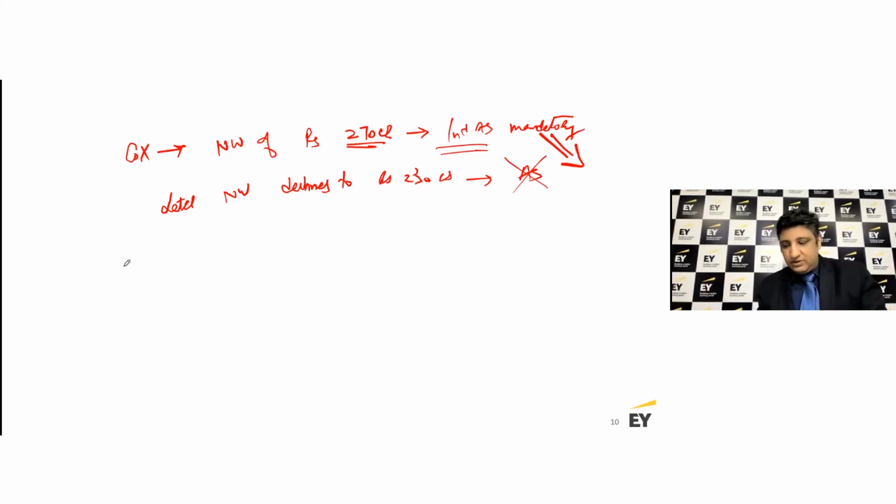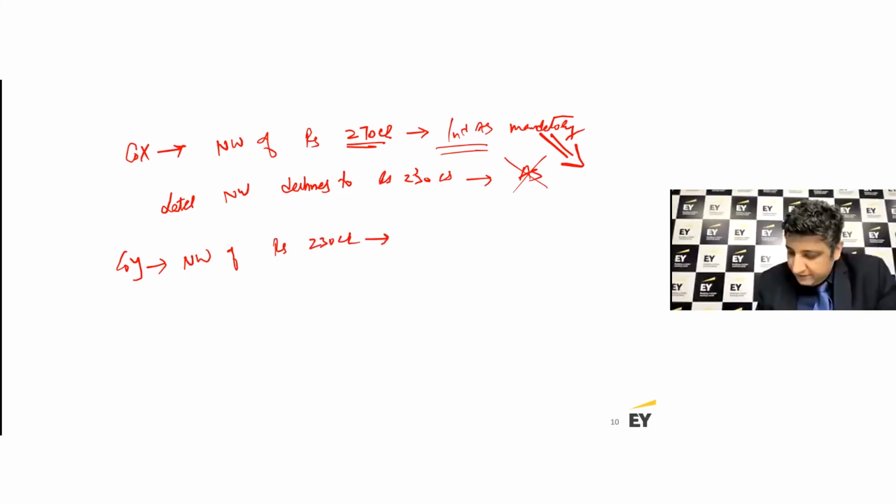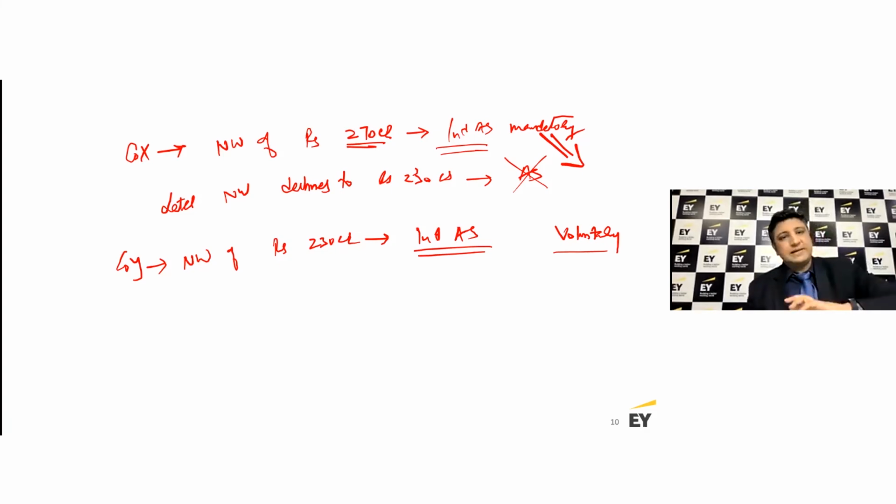Similarly, it can happen that there's a company Y, let's say for the sake of argument, with a net worth of rupees 2 to 3 crores, but it voluntarily takes up Ind AS. There's no expectation that it would grow, but it just thinks, let's prepare the financial statements under Ind AS.